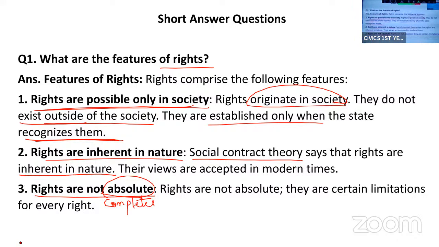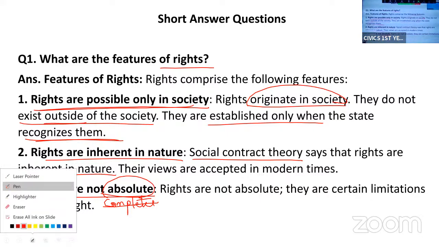You have freedom of movement. You can move anywhere you want in the country. If there is some disturbance in the country, you won't be allowed to go there. So you can say rights are not complete. Certain restrictions, limitations can be imposed upon your rights.